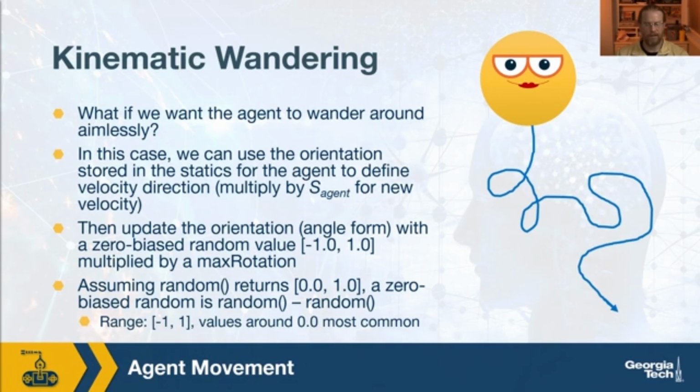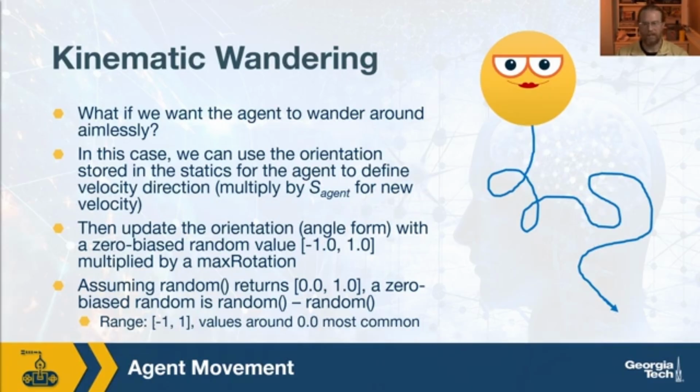But a simple trick you can do to get this kind of zero-biased random between -1 and 1 is, assuming you have your standard random number library that gives you a value inclusively between 0 and 1, you just call that twice, you get two values, and subtract one from the other. That'll give you something in the range of -1 to 1, but the most likely value to occur is going to be around 0.